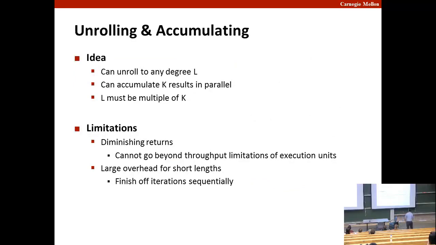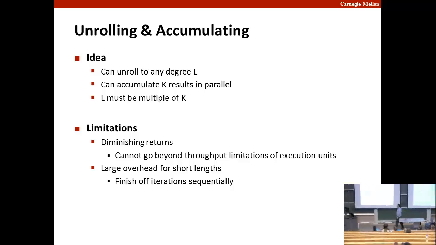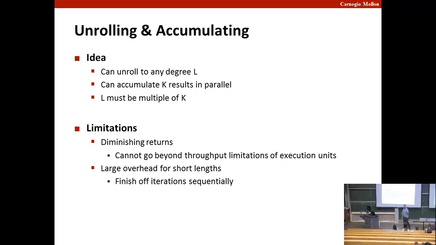So what are the ideas here? Unroll, make it as wide as we can. Accumulate in parallel, right? Use separate accumulators. Of course, there are diminishing returns, right? There are only so many adders I have. There are only so many multipliers I have, right? Once I'm making use of all my functional units, I've exceeded the parallelism the processor has.